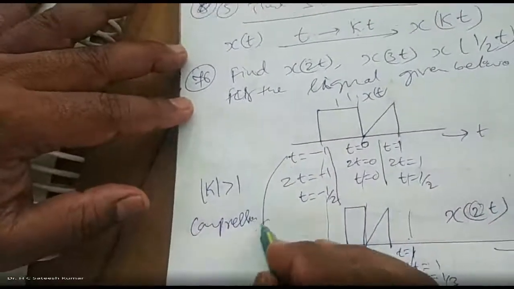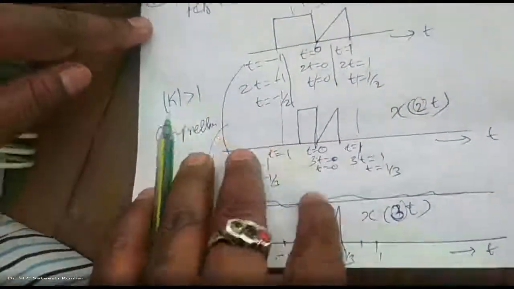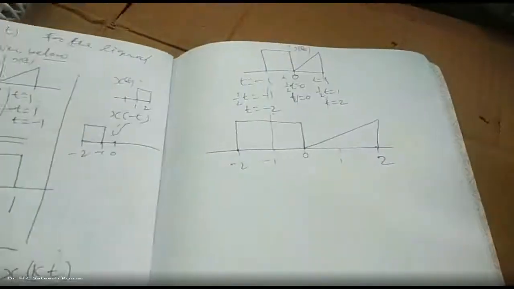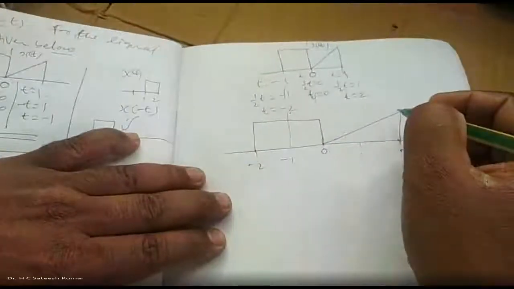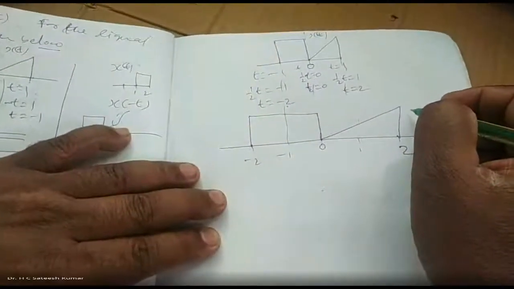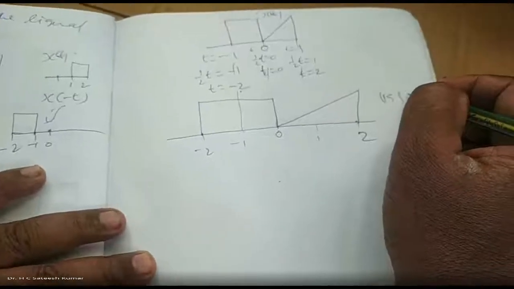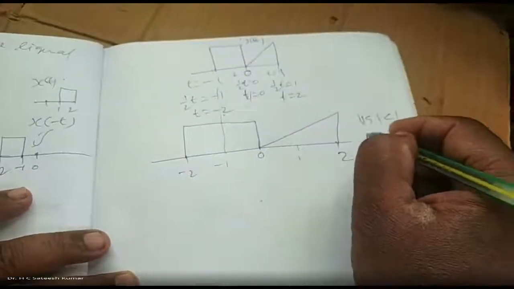So here these two examples, 2t and 3t. Whenever the magnitude of k is less than 1, there will be expansion.